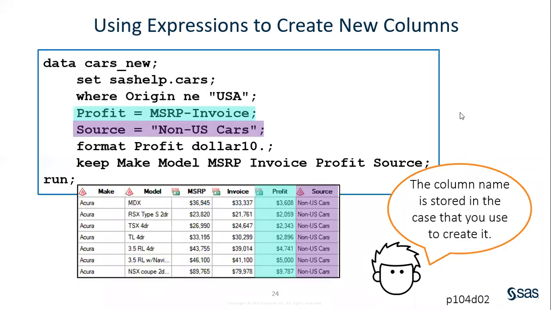So these are two examples. This is a constant value for source. That means you're creating a new column where the value is non-US cars. Why non-US cars? Because you're selecting those cars which are not from the origin USA. Hence, the source column is non-US cars. It's a constant value because every row of your new data set will be created with a constant value for the new column.